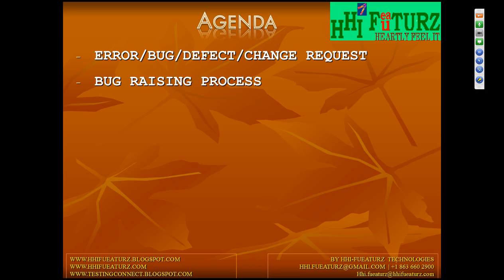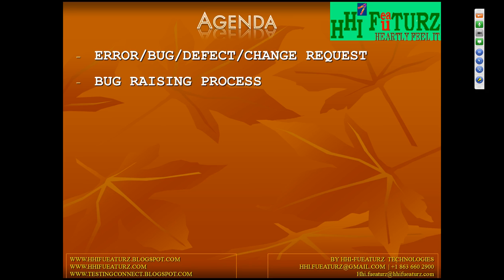But from this perspective, a defect is considered a change request. Why? You are reporting a defect, so what will the developer do? He will be updating the existing code. That means he is modifying some changes in his code when you report a defect. Meanwhile, you also get a change request from the client.